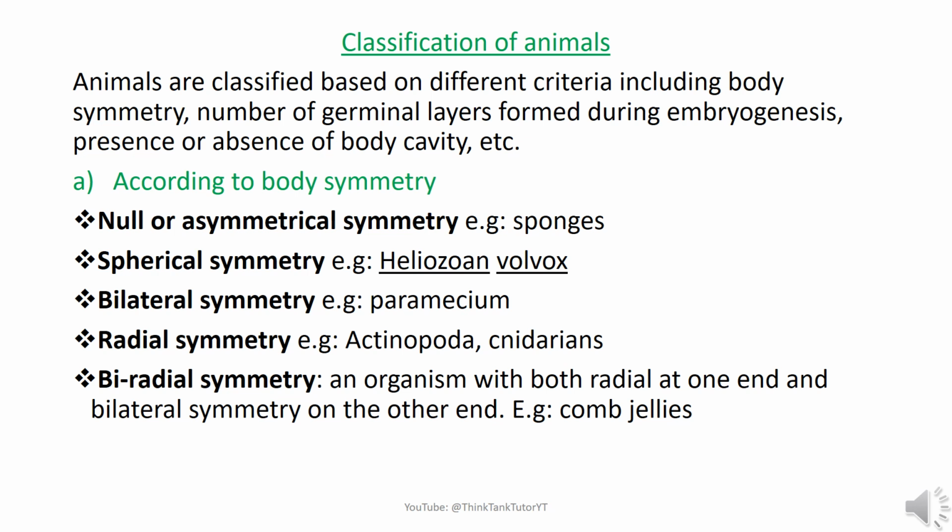Biradial symmetry: organisms with radial symmetry at one end and bilateral symmetry at the other end. Example, comb jellies.